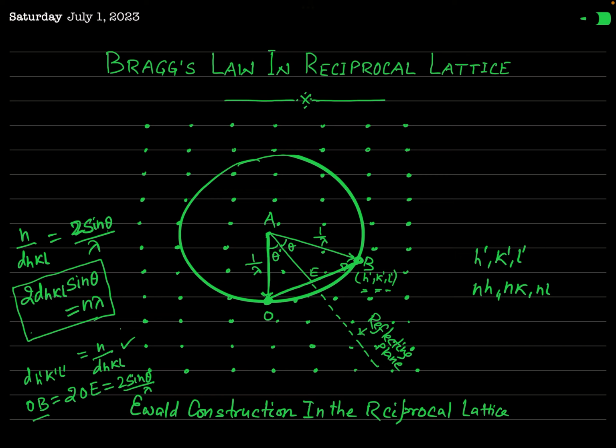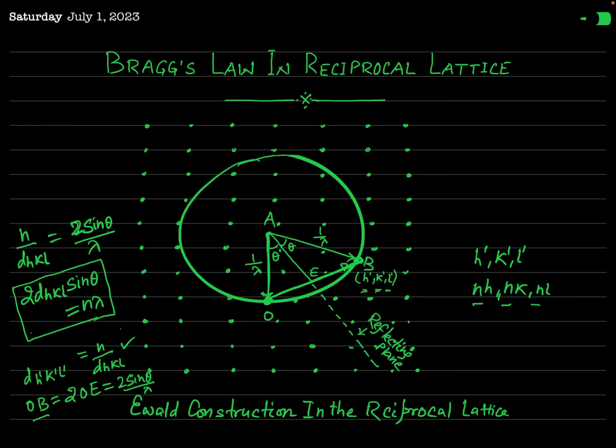So these coordinates contain a common factor n. This common factor n, which is a common factor of the coordinates of the reciprocal lattice point, represents the nth order reflection from the plane HKL.